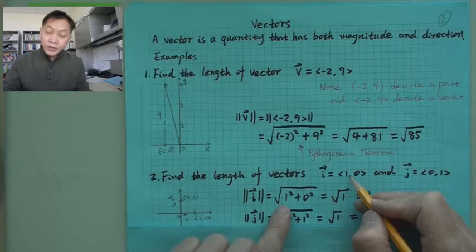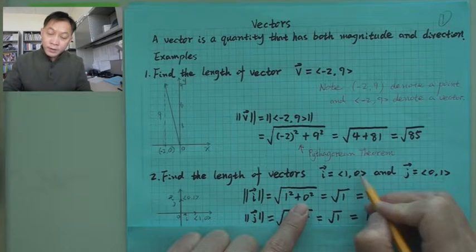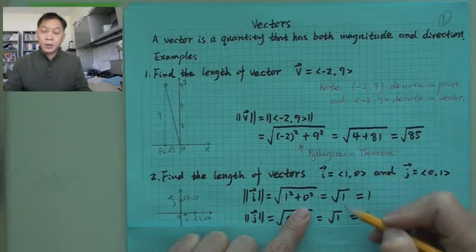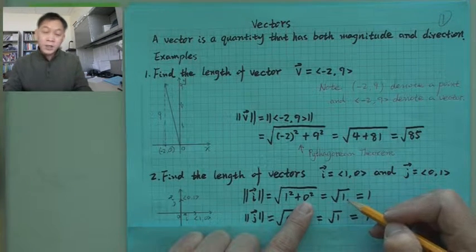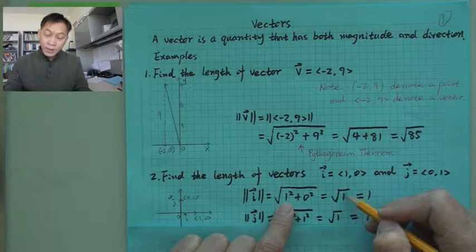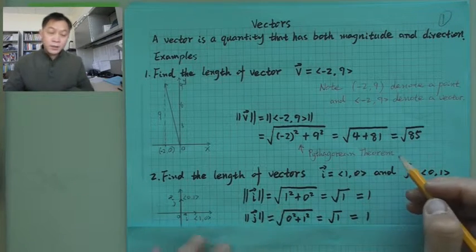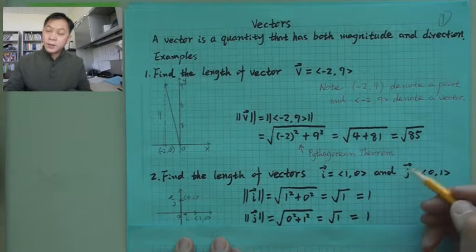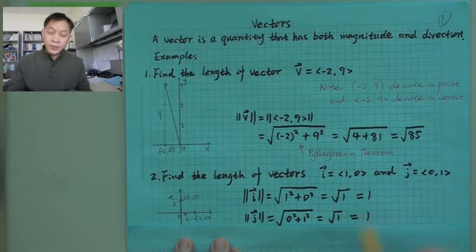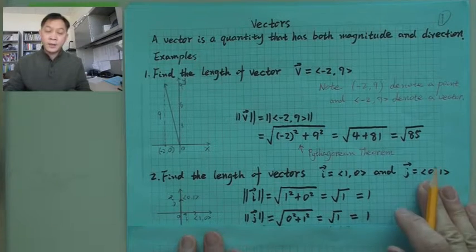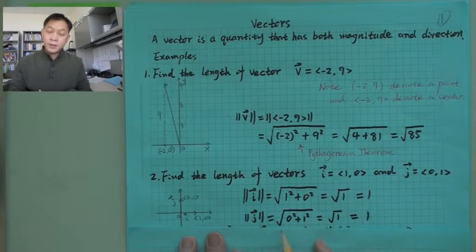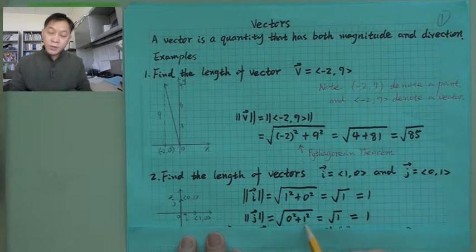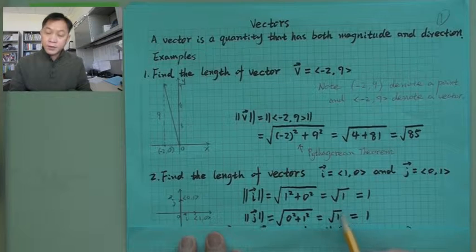That will be x squared plus y squared. Here y is 0, squared. Take the radical sign, and we know 0 squared is 0 plus 1 squared is 1. The radical of 1 is 1. So this one has length 1. And so is the case for j. You can see it down here. The length of j is the square root of 0 squared plus 1 squared, which is radical 1.